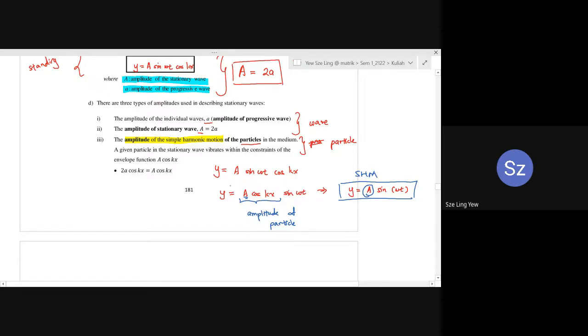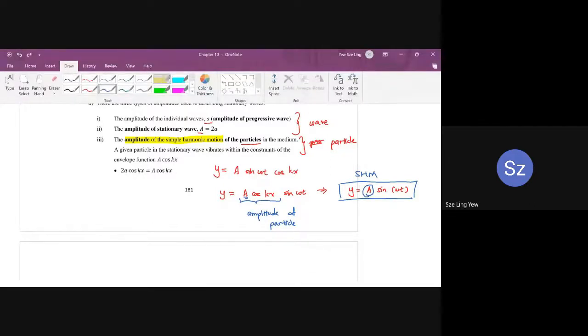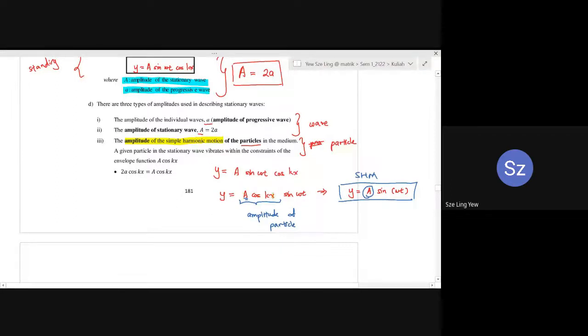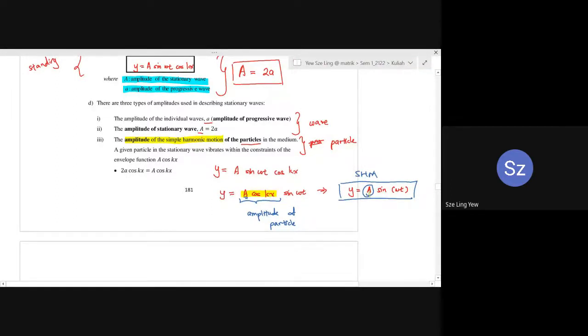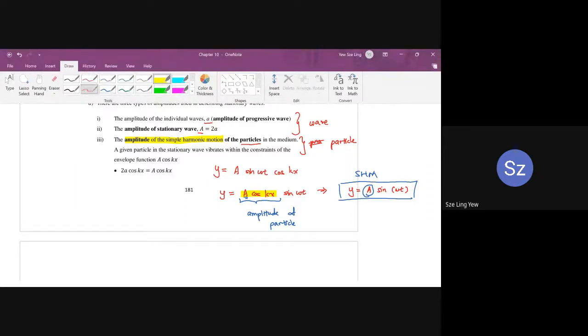And when you compare these stationary wave equations with simple harmonic equations, you'll see that A cos kx, this whole term, this whole part, represents the amplitude in simple harmonic motion. And simple harmonic motion, we use it to describe the motions of particles.